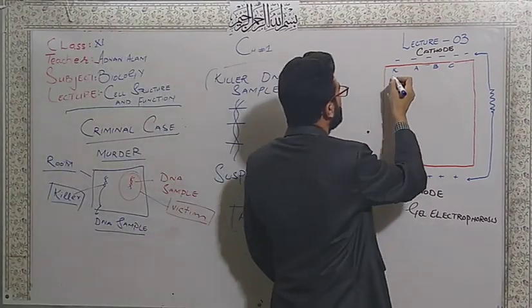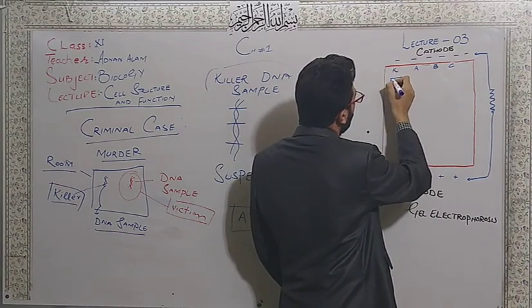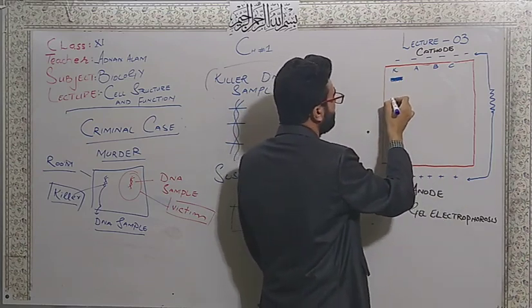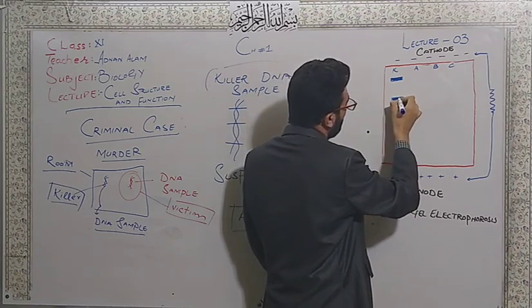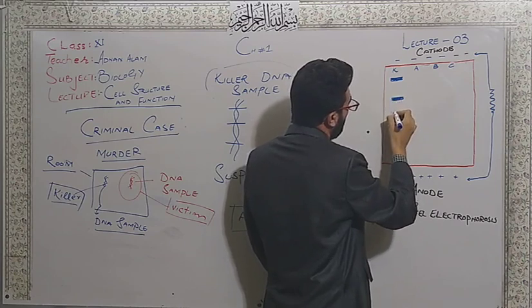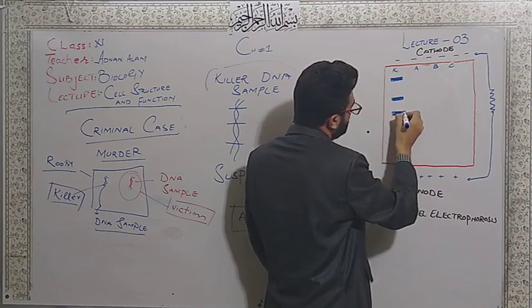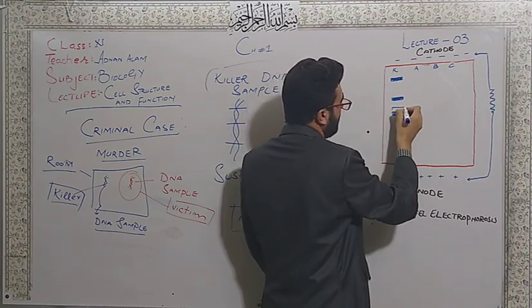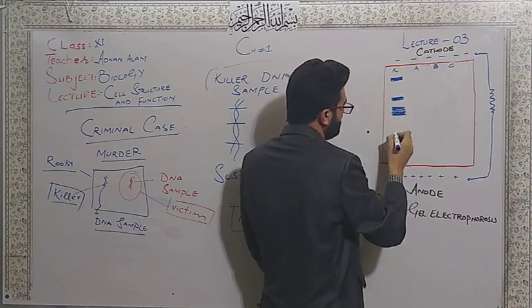The killer's DNA samples should be put in here, and electrical current will be applied. The double filament.